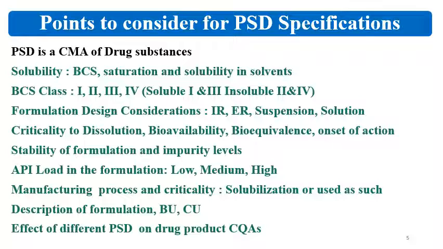It is not like that if your API is BCS class 1, so PSD limit is not required. It is not like that, because not only the dissolution and permeability, the PSD affects processability, manufacturability, handling, and also the other drug product quality attributes.